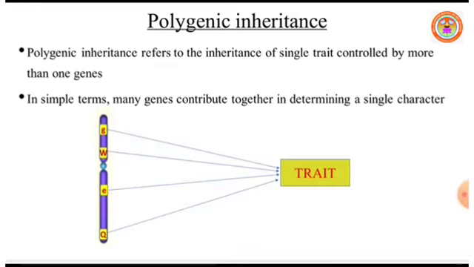Today's class, children, you are all going to learn an important question: polygenic inheritance in wheat. In the previous class, we started intergenic interaction, in which we discussed how the Mendelian dihybrid cross ratio is modified due to the epistatic gene.